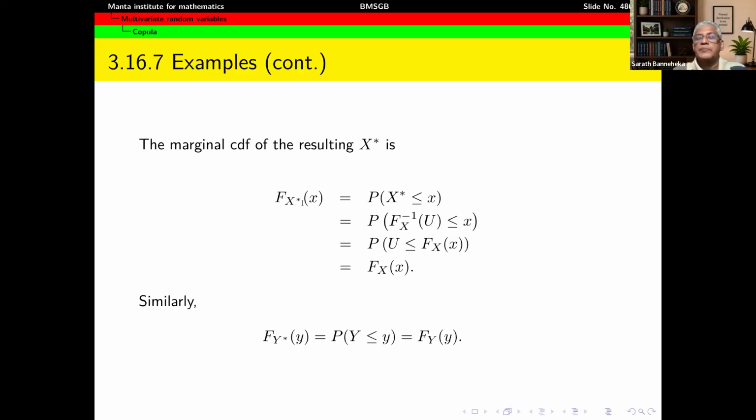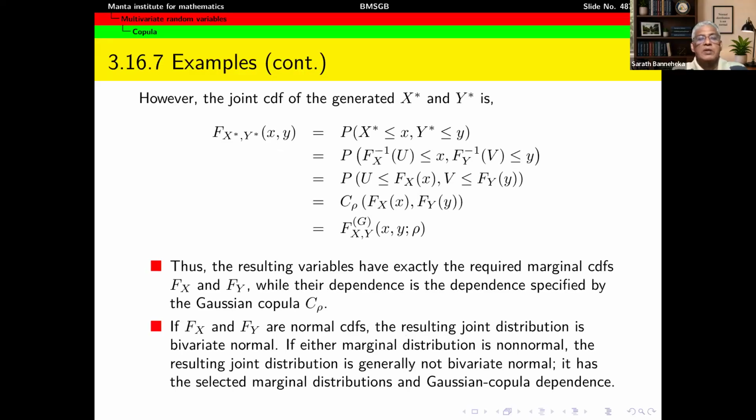And then we can show that the CDF of X star is the same as the required CDF of X, and similarly, the CDF of Y star is the same as the required CDF of Y. And we also stress the fact that the joint cumulative distribution function of X star and Y star is not necessarily equal to the actual joint CDF of X and Y. The joint CDF for X star and Y star is equal to this expression here.